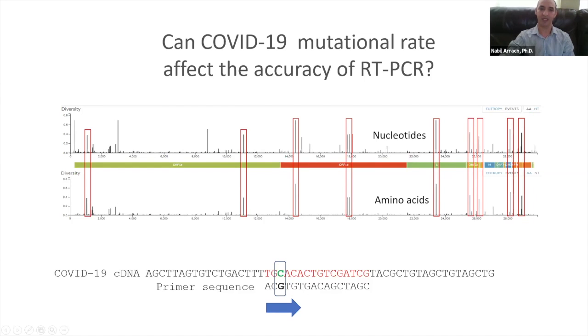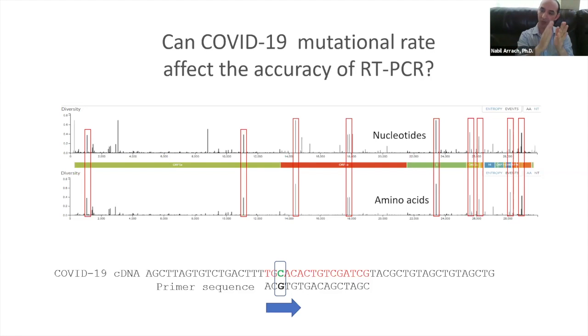So when you look at the genetic makeup of the virus, a few weeks ago the number of mutations recorded was 229. Now I'm sure it's probably 300 or 400 mutations so far. I haven't looked at the latest number, but the last time I saw it was 229. What that means in terms of diagnosis is that if those mutations land in the place where the primers are designed, the primers may not work.